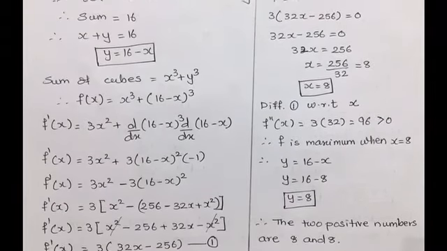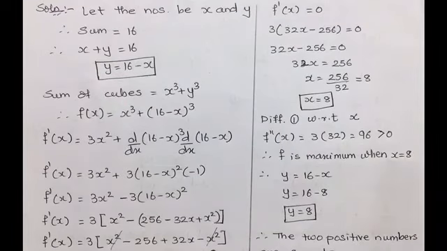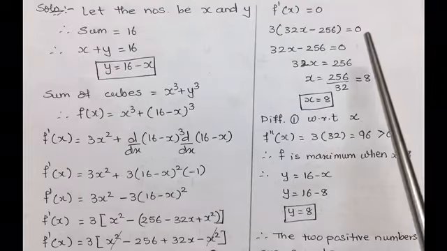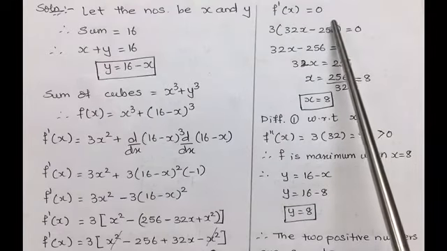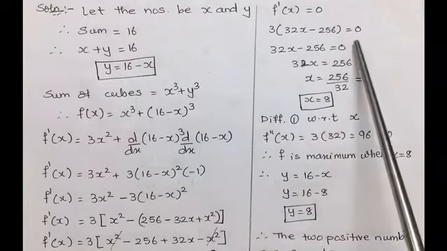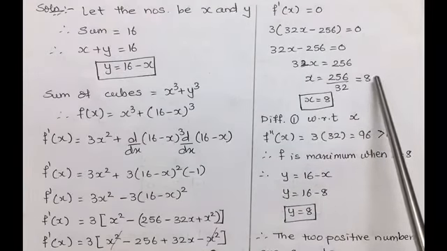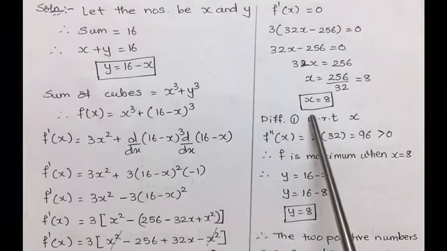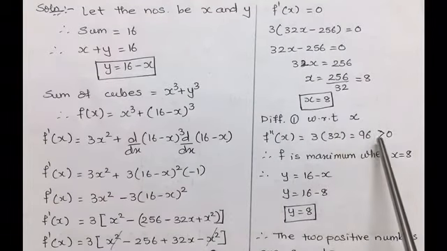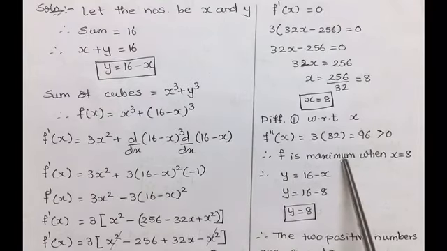Now to calculate the value of x, we have to take the first derivative as 0, equating it to 0, calculating the value of x, we get 8. Now x we have got as 8, we have to minimize the function here.